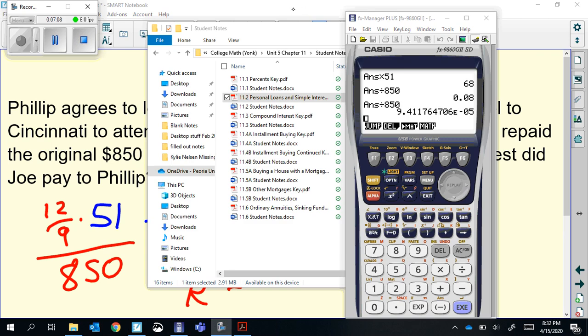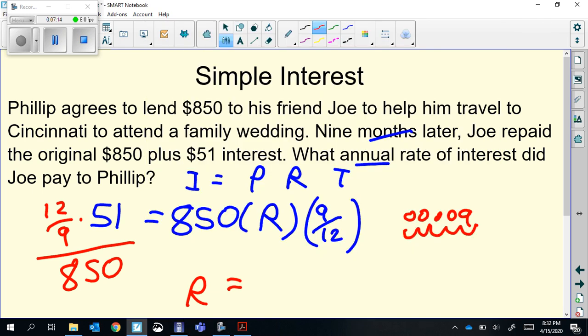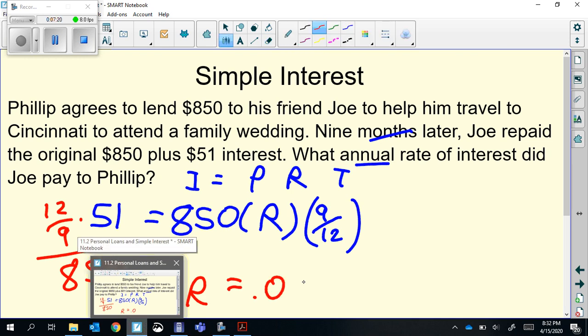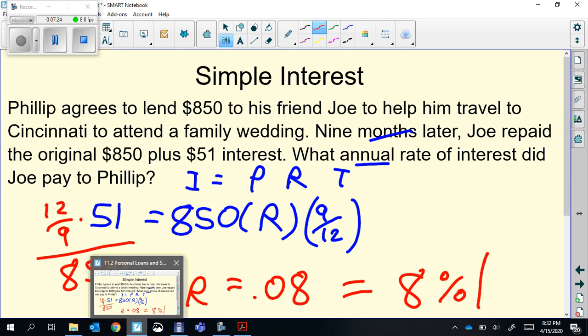And I just realized I messed up there. I hit enter twice and didn't even notice it. 0.08 is right there. .08, which is 8%. That makes more sense.